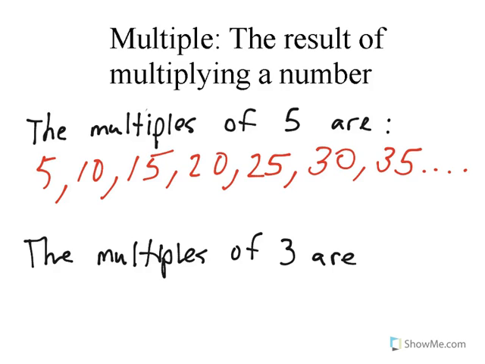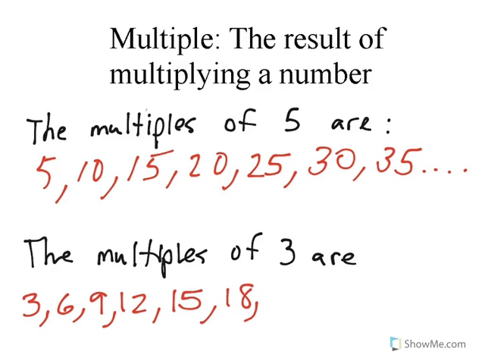Looking underneath that, the multiples of 3 are 3, 6, 9, 12, 15, 18, 21, 24, and so on, because there's an infinite number of numbers. So you can think of any number and multiply it by 3, and you have a multiple of 3.